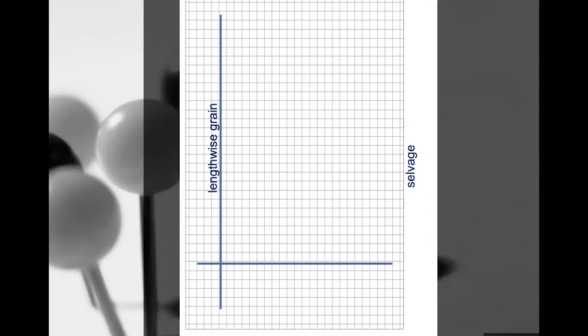The yarns that are in the crosswise direction are called the crosswise grain. These are usually less strong yarns. If you have a fabric that has a lot of surface design on it, you're going to find those specialty yarns in this direction. This is going to give you more stretch in the fabric in the crosswise direction as well. So we like to have this grain run around the body when we sew.